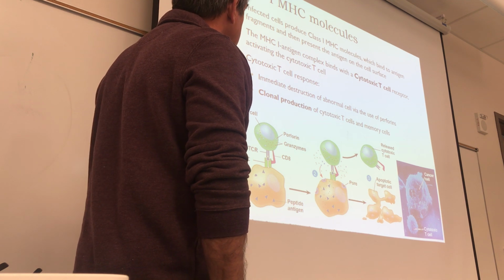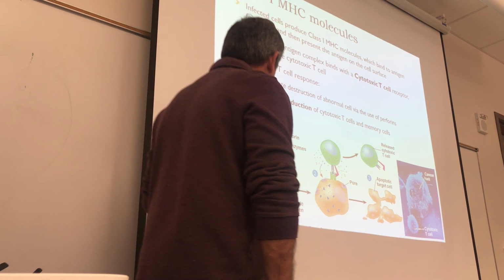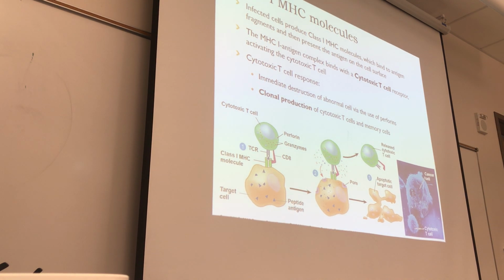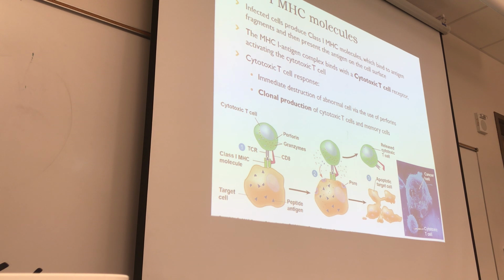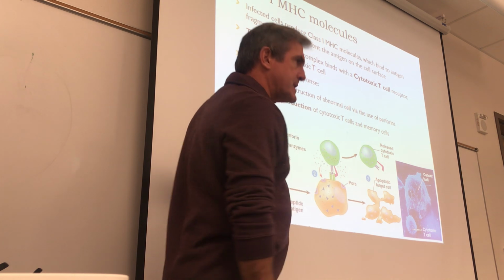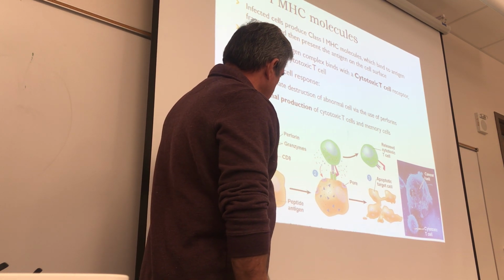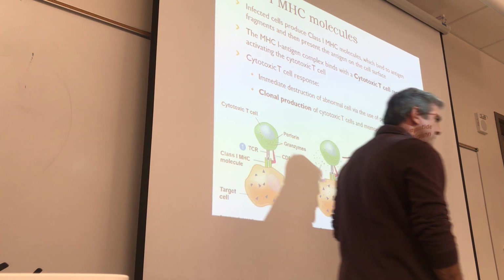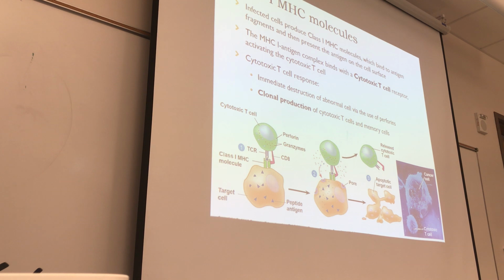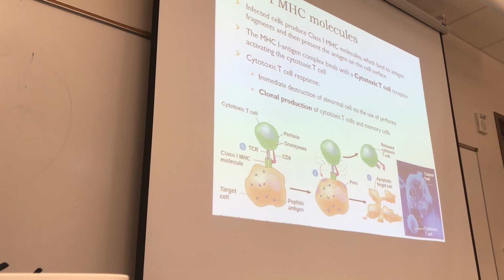So for class 1 MHC, we are talking about a viral infected cell, or a cancer cell. What the infected cell will do is take a portion of the virus and stick it up on the surface, allowing T cells to identify the antigen.